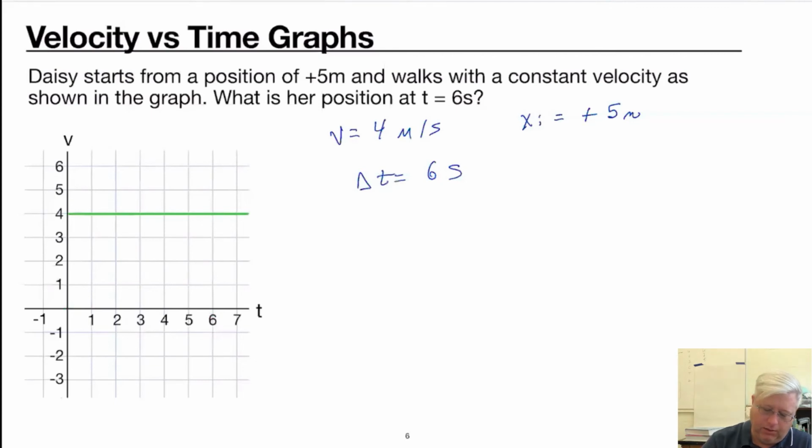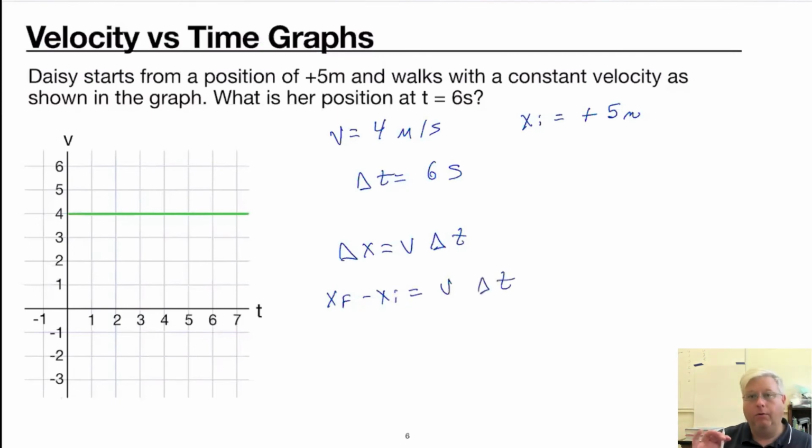Okay, so we know from the area, displacement is velocity times time interval. And we also know that displacement is x final minus x initial.